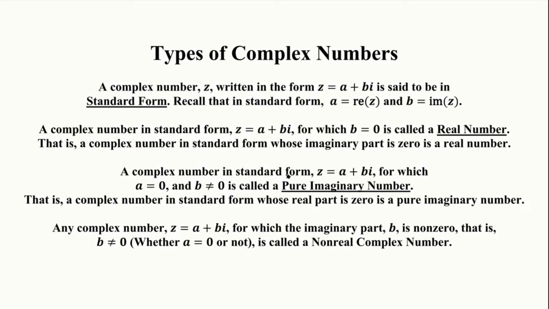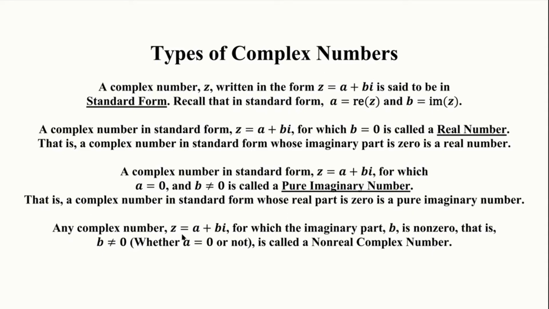A complex number in standard form, z equals a plus bi, for which the real part, a, is 0, is called a what? Pure imaginary number, okay? Because it has no real part. It only has an imaginary part. The real part is 0.